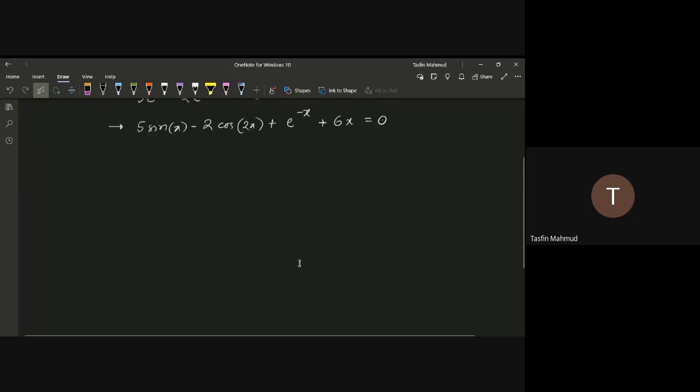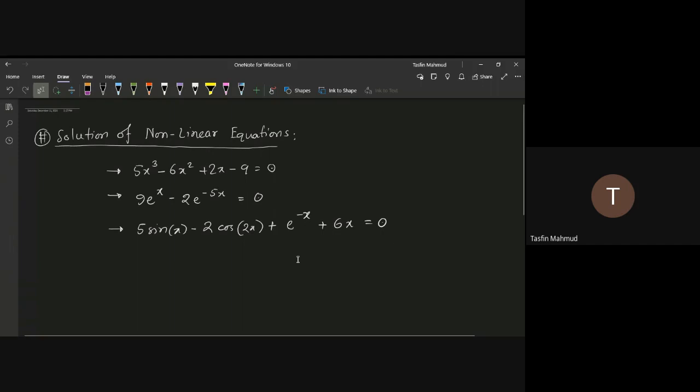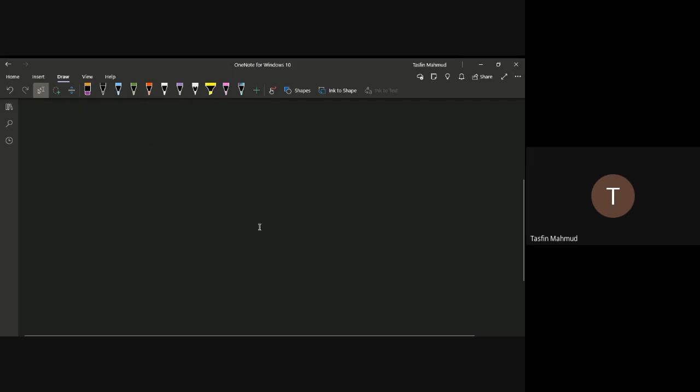So the first technique that we are going to discuss, I guess you all understand what we are going to do today. What's our target? I guess it's clear now, and now we will see how we can do that. So the first technique is the bisection method. For the bisection method, we will not provide the code. Rather, you will have to write the code yourself.